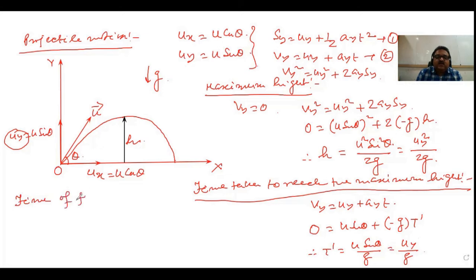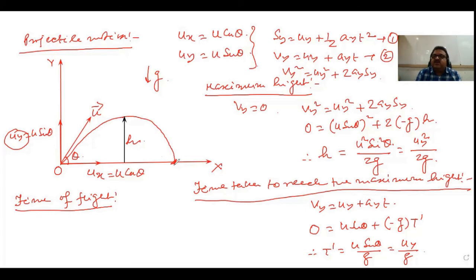Now, for time of flight, let us consider the vertical motion. If you watch it, it goes up, reaches a maximum height, the maximum displacement on the y-axis, again comes down, and at this point where it strikes the ground, its vertical displacement is 0.